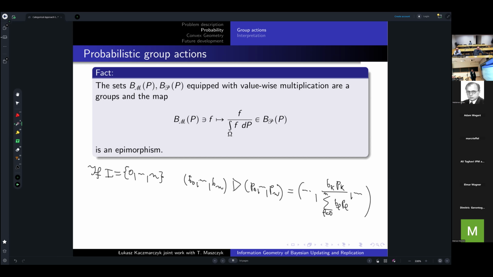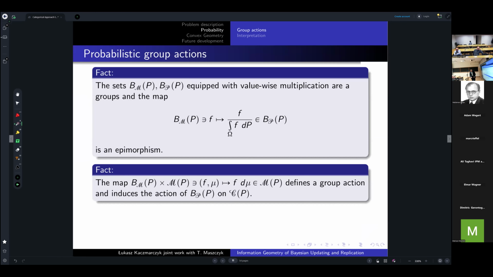And what I wanted to say is that the action on all measures will induce the action on probability measures: on all M will be acted, and on probability P will be acted. Okay, so as I said, we simply define the action on all measures by transporting the measure mu to the measure f mu, f being the Radon-Nikodym density with respect to mu.